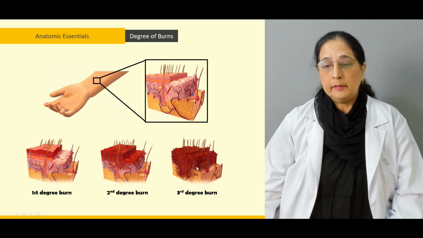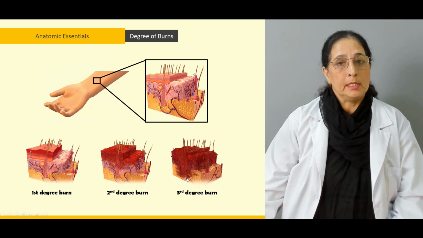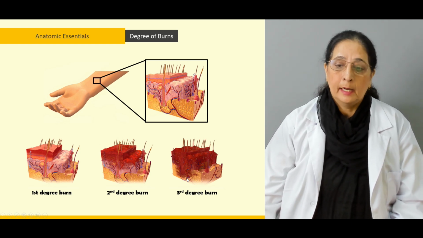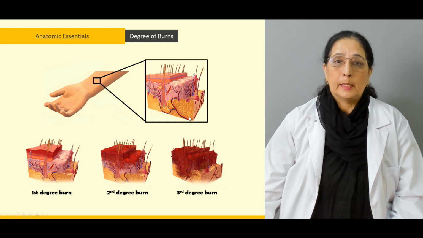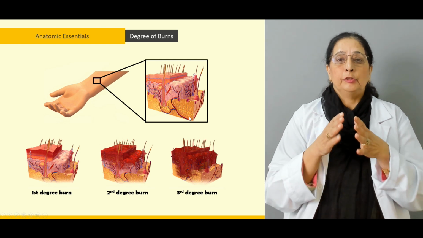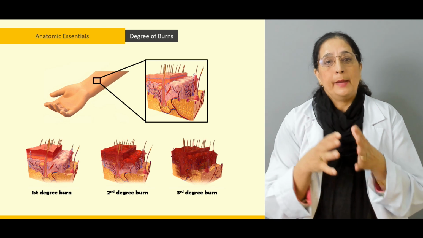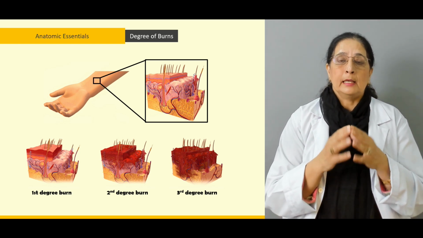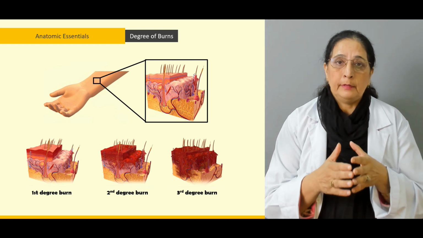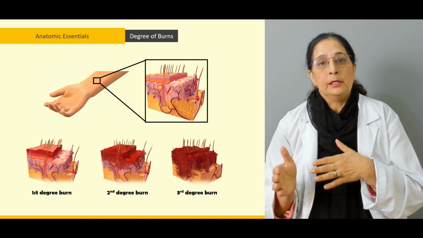In the third degree burn, all 3 layers, epidermis, dermis, and subcutaneous layer, are affected. So the degree of burn depends on the involvement of the layers of the skin.